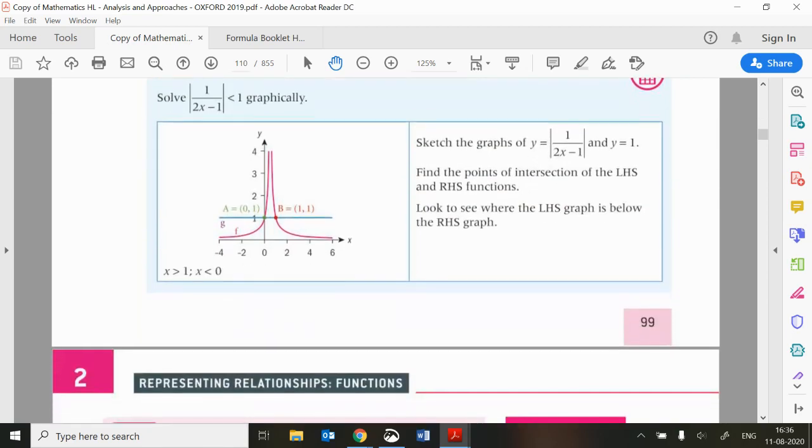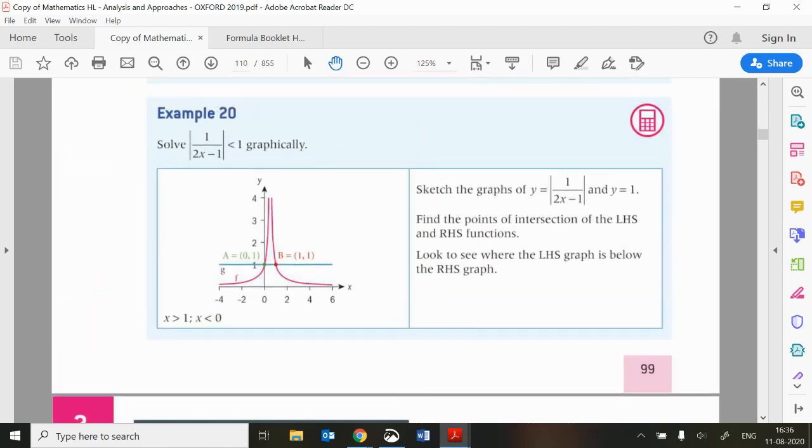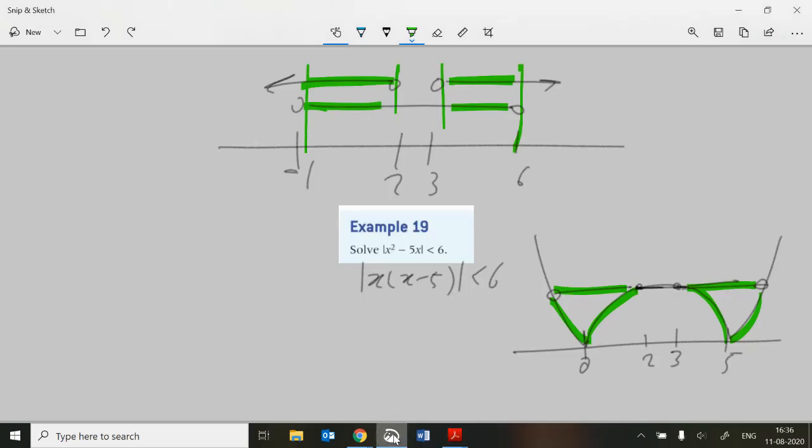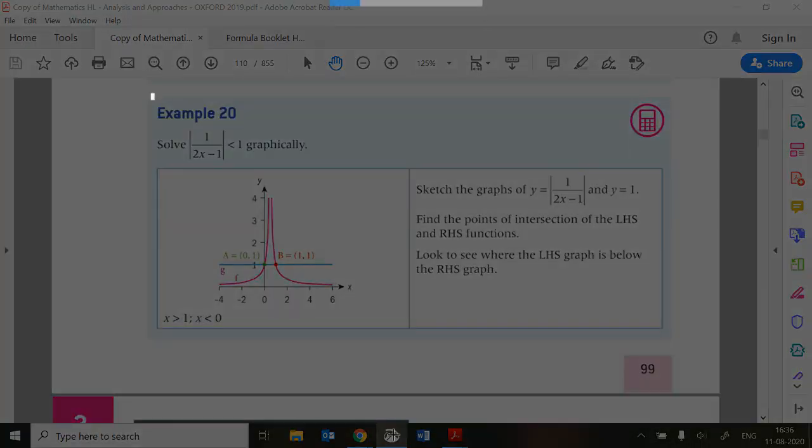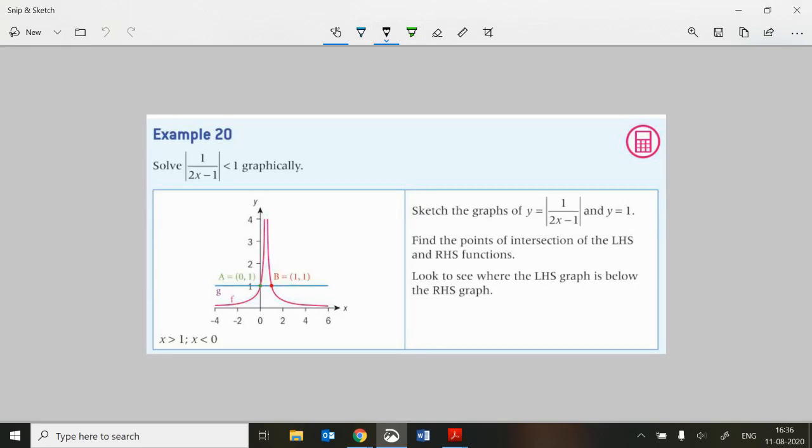Right, example 20, and example 20 is going to be super quick. This one is simply saying solve this thing graphically. So, as they're saying here, come up with your first function and then your second function, do this on your calculator, and then find out where these two things are intersecting.